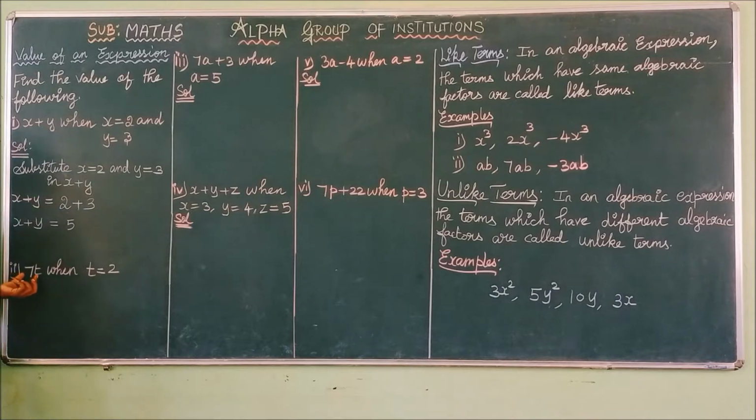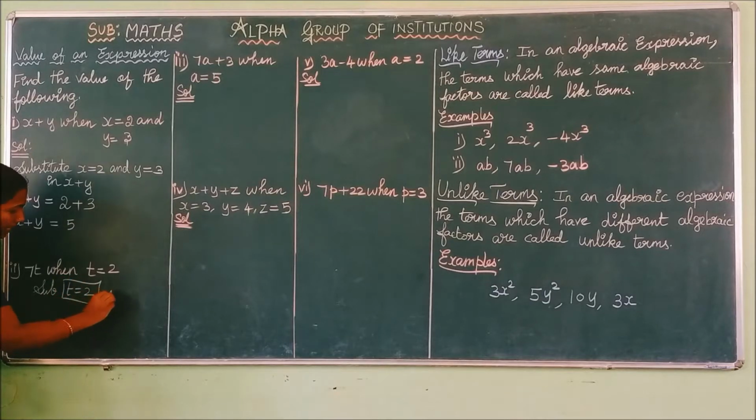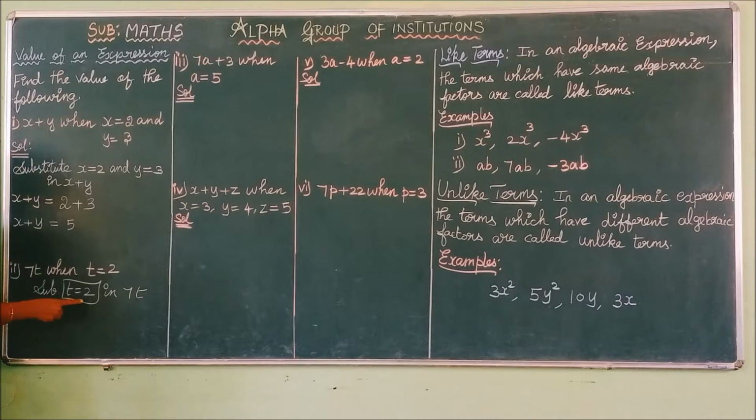We have to find the value of this expression 7t when t equals 2. So you have to substitute t equals 2 in 7t. Instead of t, you substitute its given value 2.